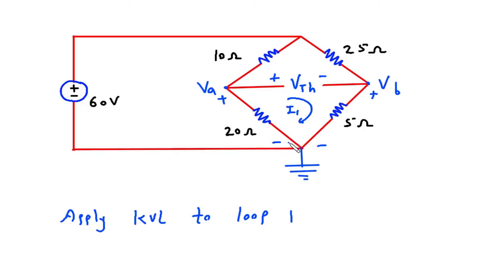We will start from here. So this will be minus 20 minus VA, then plus VTH, then plus VB is equal to 0.